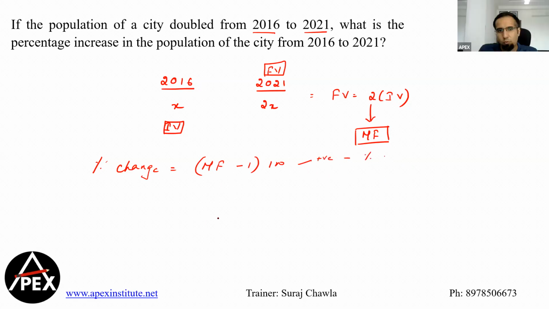So here 2 minus 1 into 100 will give you 100 percentage. And that's a positive value. So therefore the population has increased by 100 percentage. At this point, clear with everyone, guys? Great. Let's move further.